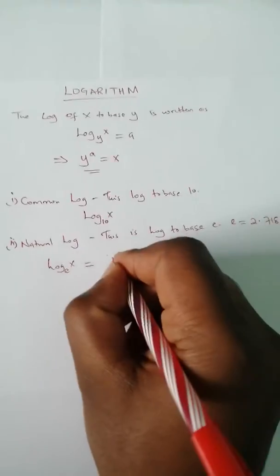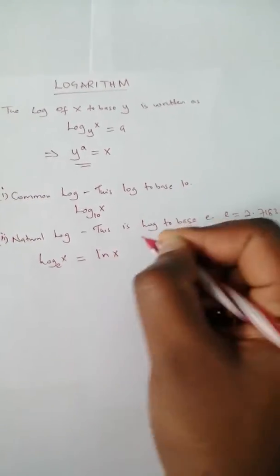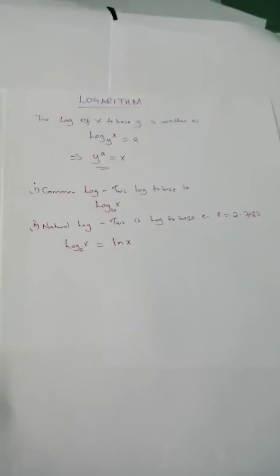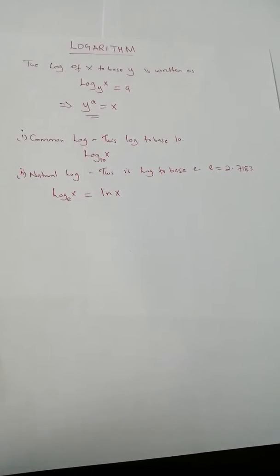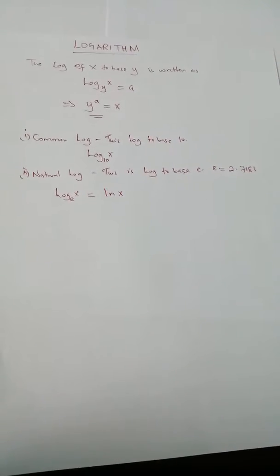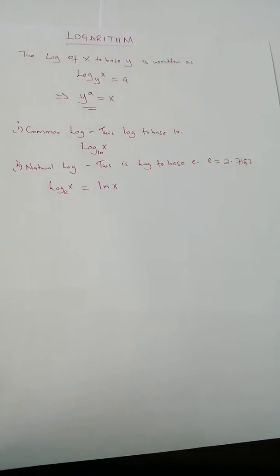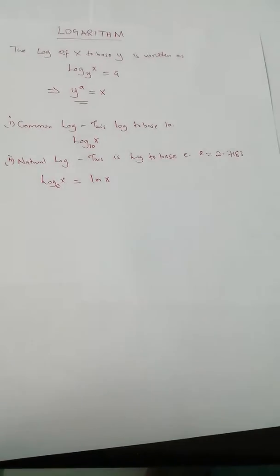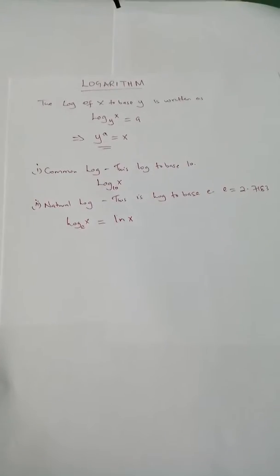This is equivalent to ln. We write it as ln of x. The third type of logarithm are those logs which have other bases apart from 10 and exponential. All those other logs fall under the same type of logarithm.